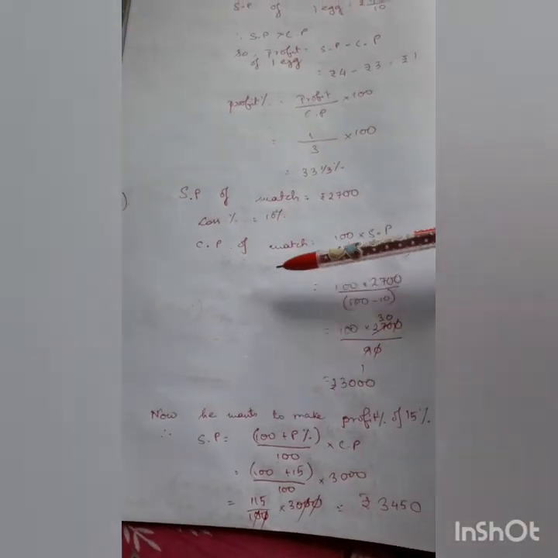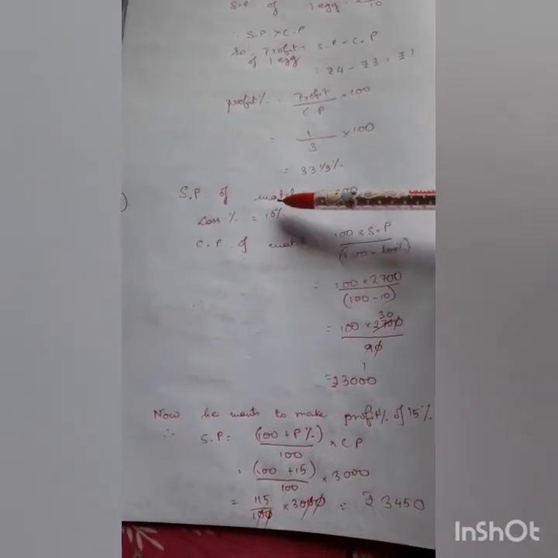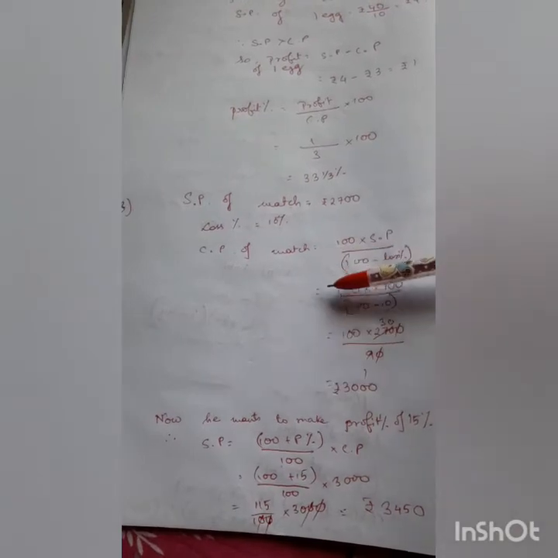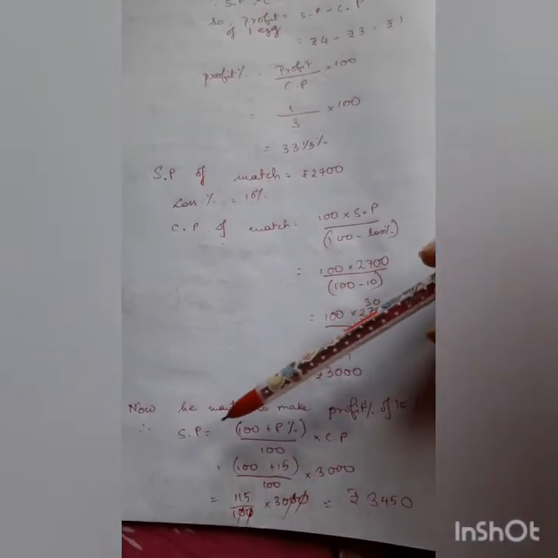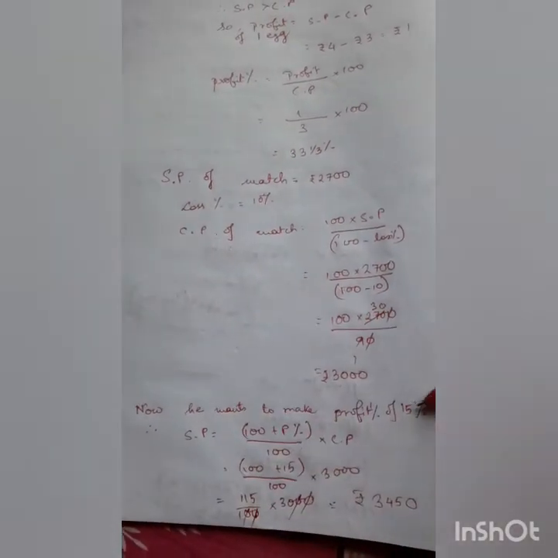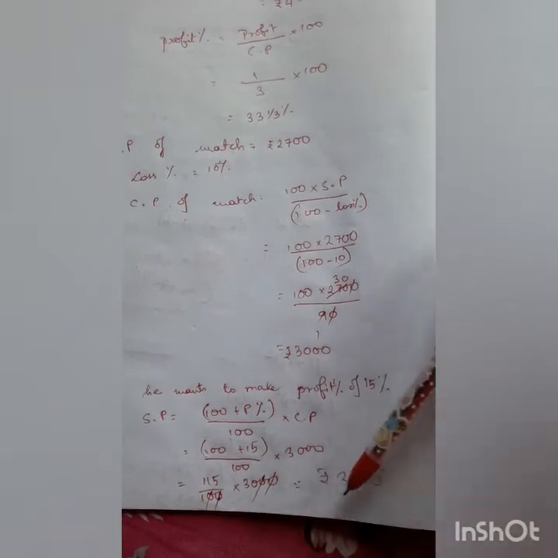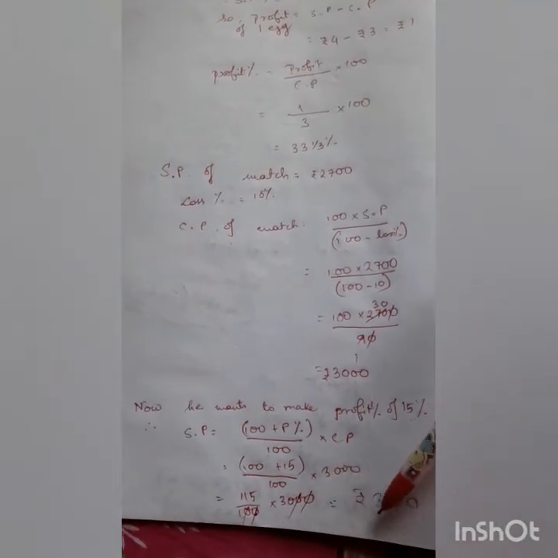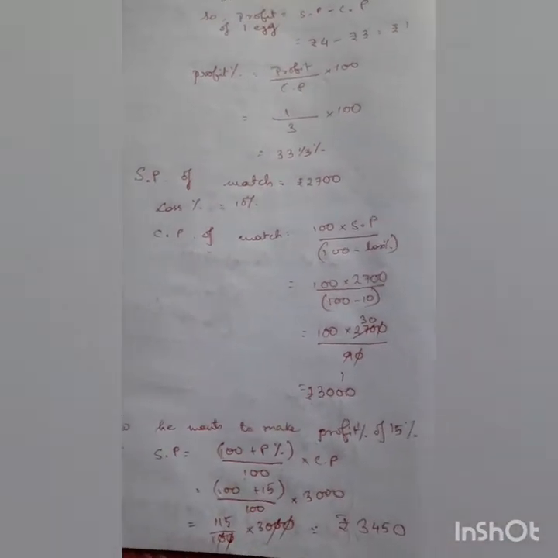Based on profit and loss, SP of the watch will be different, but the cost price, the price at which I am buying the watch, will be the same. That is why from this SP and loss percentage, first I found the CP. Now SP equals, from this profit percentage and this CP, (100 plus P%) by 100 into CP. I have calculated and got the SP of the watch as rupees 3450.